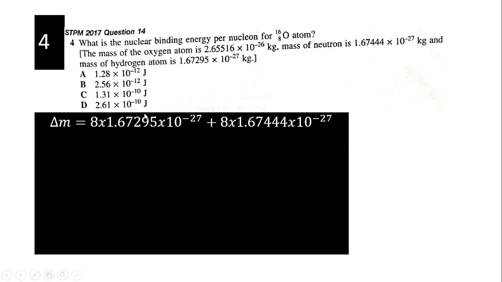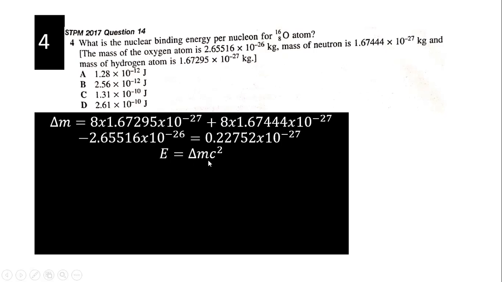Okay, same. Calculate the mass defect. 8 protons. That's your hydrogen atom, proton, times 8. Then 16 minus 8 is 8 neutrons, 8 neutrons times that. Minus your mass of oxygen. So this one will be in kilogram.